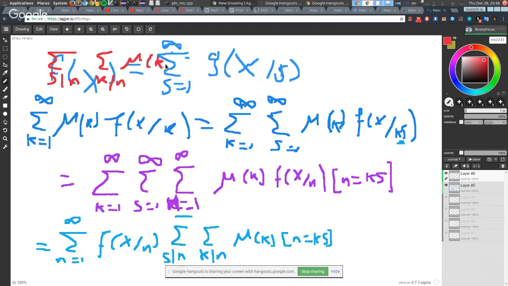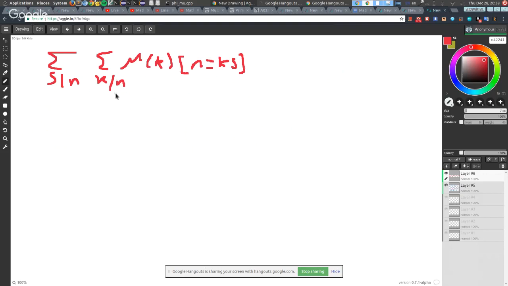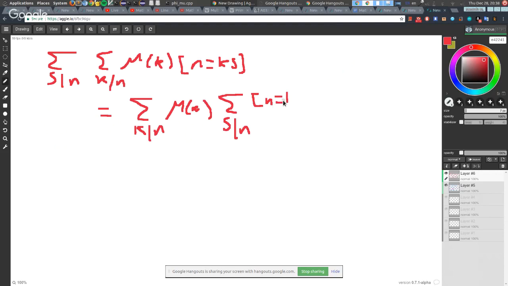This is the part that we still have. We'll also move the summation outside, over k dividing n and s dividing n, where n is equal to ks.